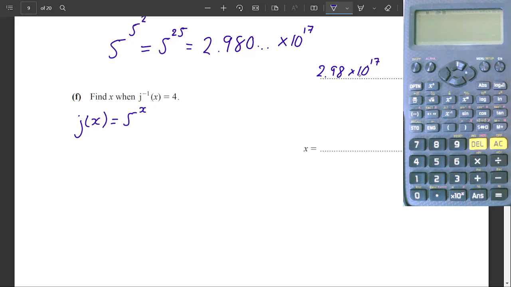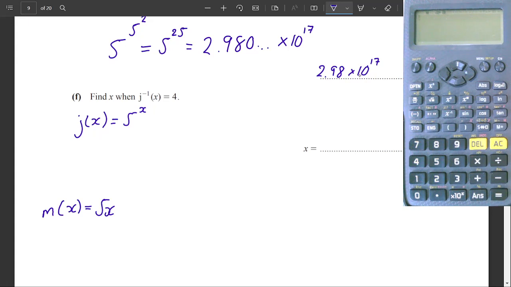All right, let's call this function m, just for fun. Function m is 5x, 5 times x, not 5 to the power of x.